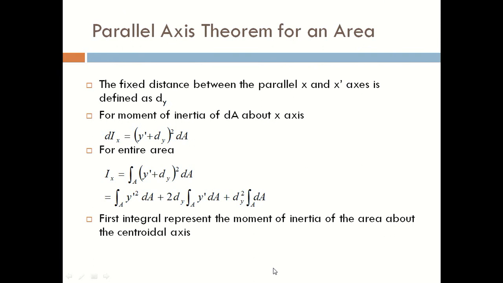So here the fixed distance between the parallel x and x dash axes is defined as dy. For the moment of inertia of dA about the x axis, we have dIx equal to (y dash plus dy) bracket square dA. By using the same formula, the moment of inertia is the area multiplied with the square of the distance between these two.